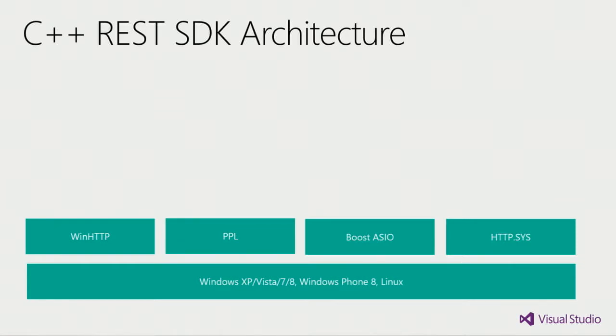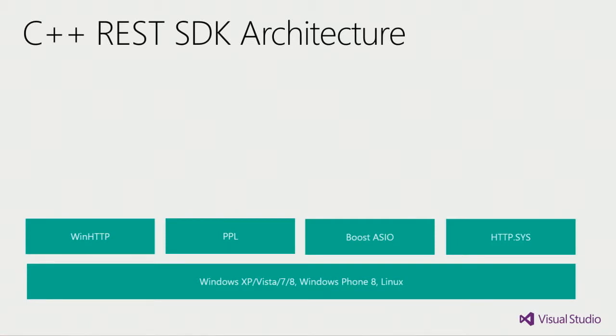Anyway, just to do a quick overview of how Casablanca is built. There's operating system services underneath, of course, Windows, XP and forward, Windows Phone, Linux. And then we're relying on a couple of different lower-level stacks. WinHTTP is a C HTTP client stack for Windows 7, Windows 8 desktop, so also on XP and the server SKUs.